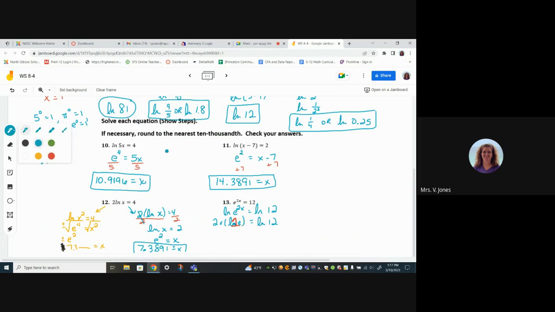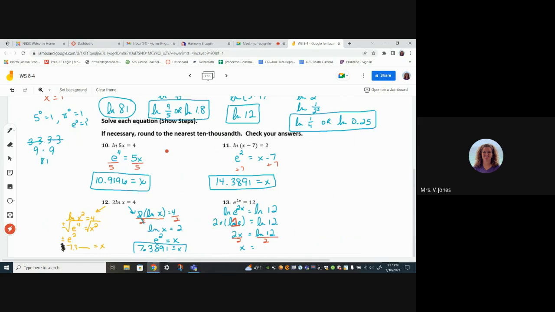So now 2x times 1 is just 2x. And then when we divide both sides by 2 to get x by itself, instead of typing in earlier, if we would have done log base 10, you would have had to type that logarithm in and then divide it by that logarithm and then also divide by 2.